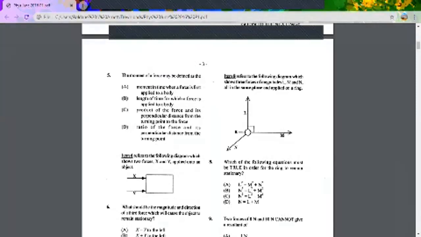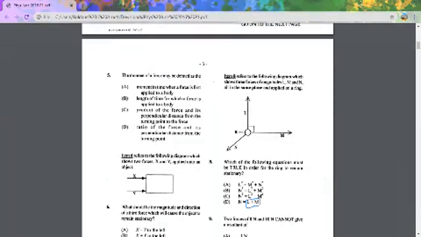So when you sum the forces, you should get 0. So it seems like L and M can be equal to N. So they can add up to 0, or opposing forces must be equal.